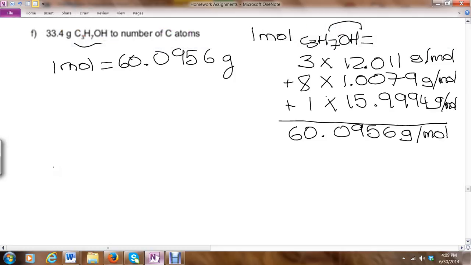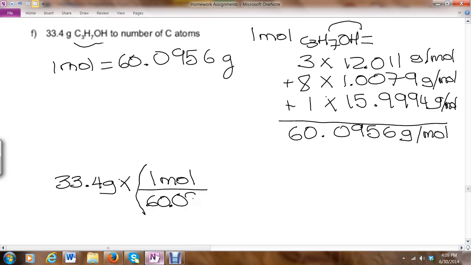Now we want to take it to moles, so the conversion factor would be 1 mole divided by 60.0956 grams. Cancel out grams. And then we continue to number of carbon atoms.